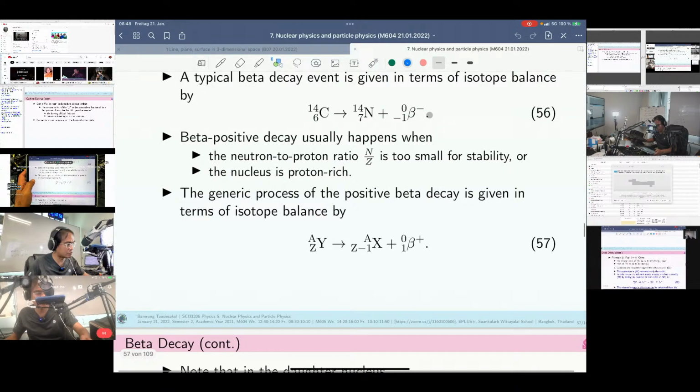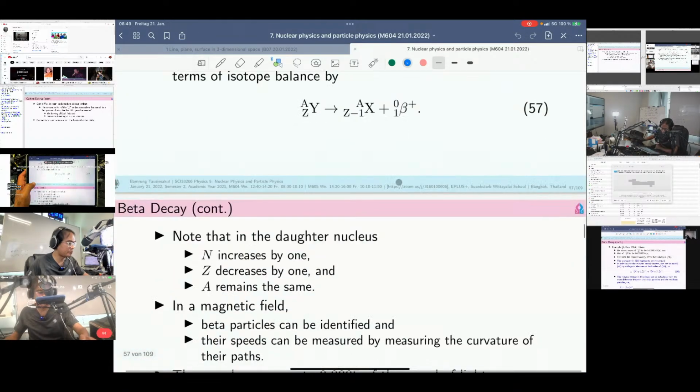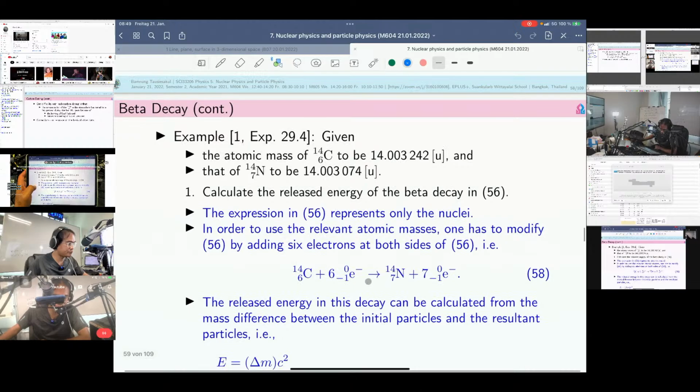And yes, of course, we are going to consider the released energy. So the one that we could see is the excess mass, right? The mass that is greater than the input side.